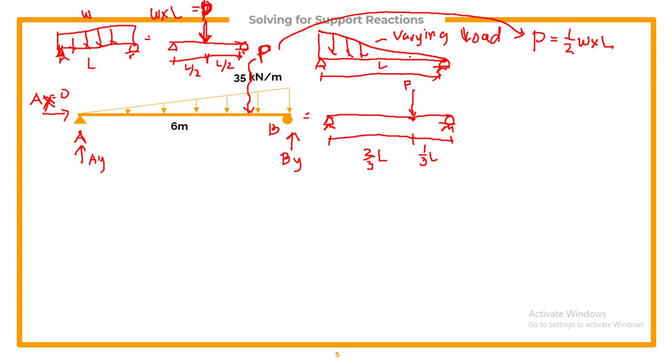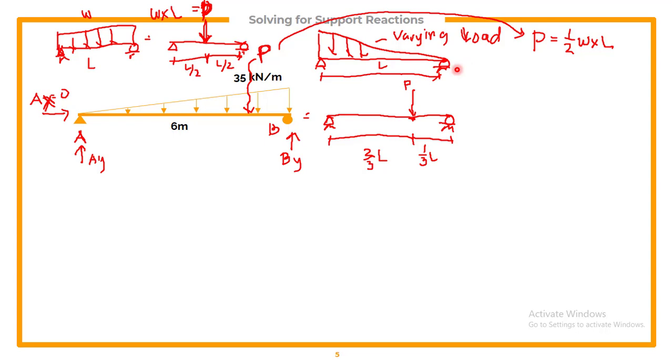What if the load is like this figure over here? Let me change this one to this. So what if your diagram is like this one? It is reversed: the larger load is here, then it gets smaller.